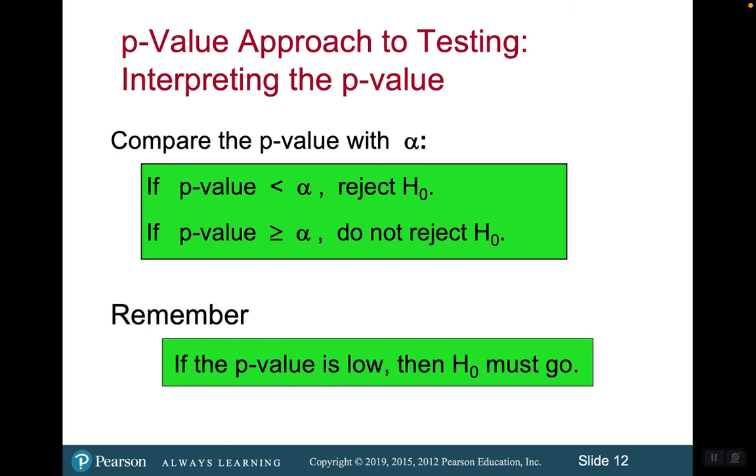That's a little ditty you can use for guidance. But really, what we're doing is evaluating the lowest value that we could use at which we would make a decision to reject H0. And if the p-value is less than that value, then we reject H0.